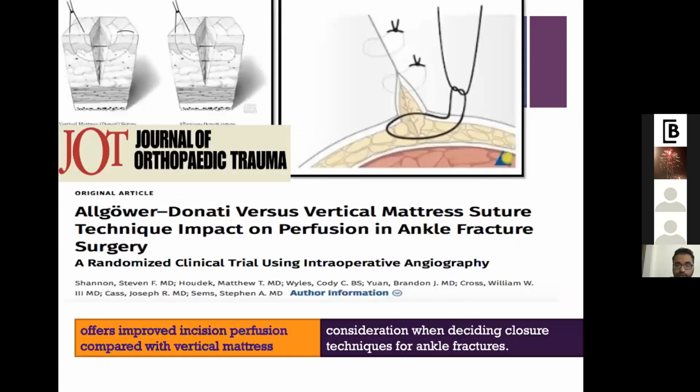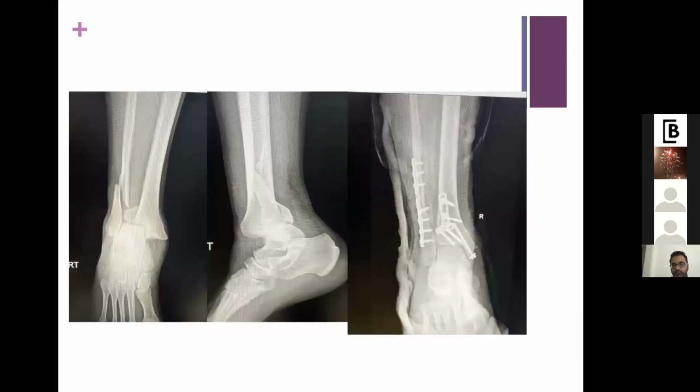The study shows that the Allgöwer-Donati technique of suturing has better perfusion across the incision compared to the vertical mattress, and there is good healing compared to the vertical mattress.